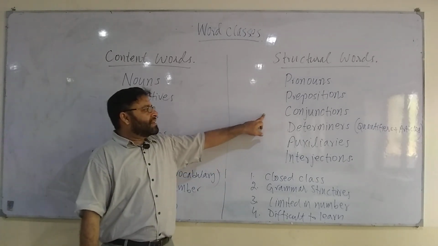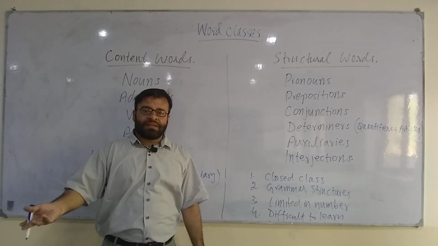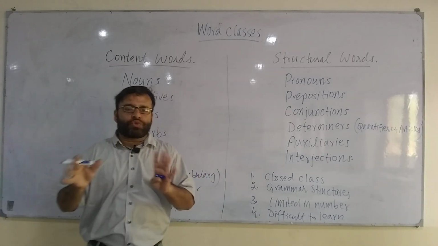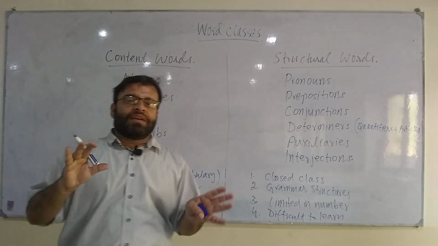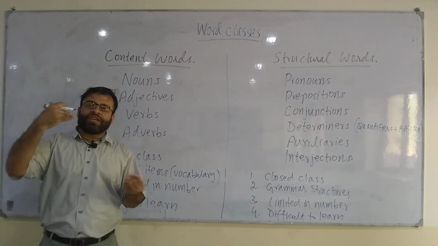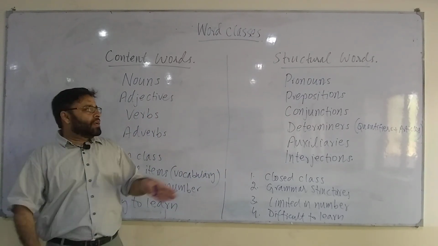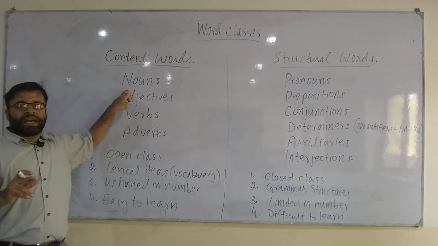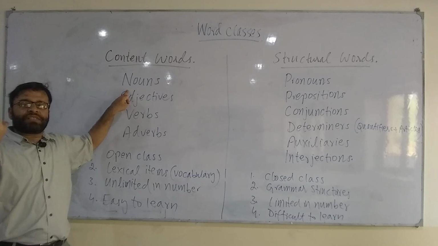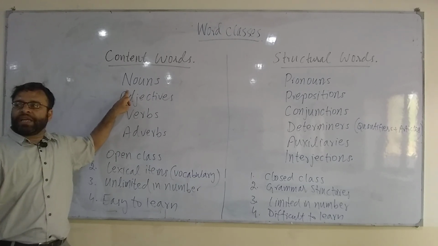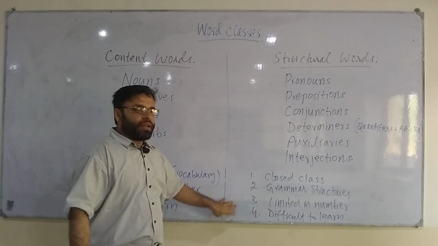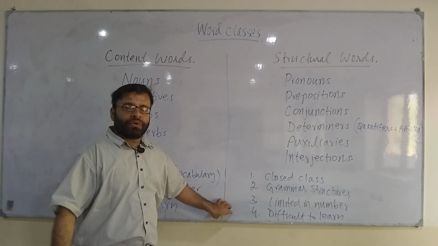The conjunction so as or so that. For students it's sometimes difficult, complicated, because it is being used in many different ways. Whereas a noun has one meaning or two meanings or three meanings, and straightforwardly you learn the meaning and you use it. So content words are easy to learn, and structural words are difficult to learn.